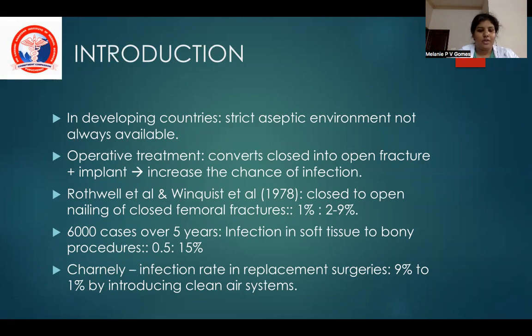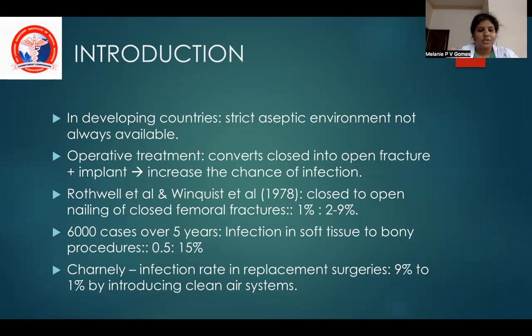Rothwell et al. and Winquist et al. in 1978 showed an incidence of 1% in closed intramedullary nailing, and a 2 to 9% chance of postoperative osteomyelitis in open nailing of closed femoral fractures.